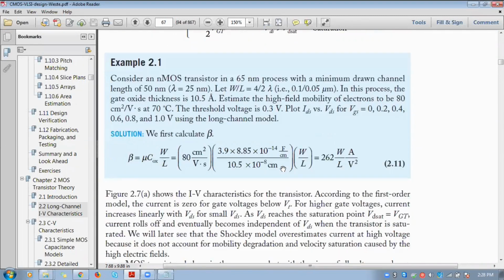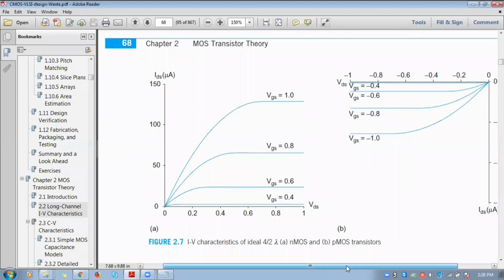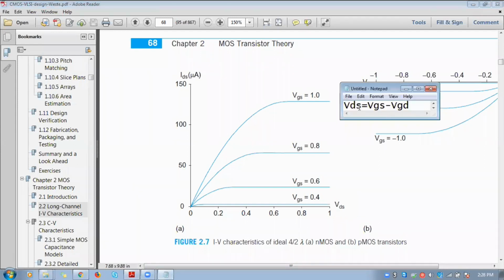So if you see the characteristics curve, this is the characteristics curve for nMOS. As we have discussed, initially we are making VGS and VGD equal, based on this formula.